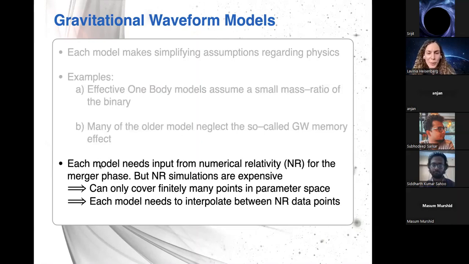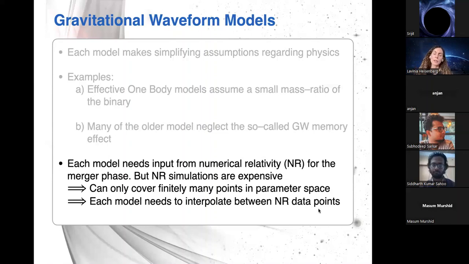Another very important point is that each model needs input from numerical relativity for the merger phase, but numerical relativity simulations are really very expensive. Therefore, one can only cover finitely many points in parameter space, and each model needs to interpolate between these NR data points.